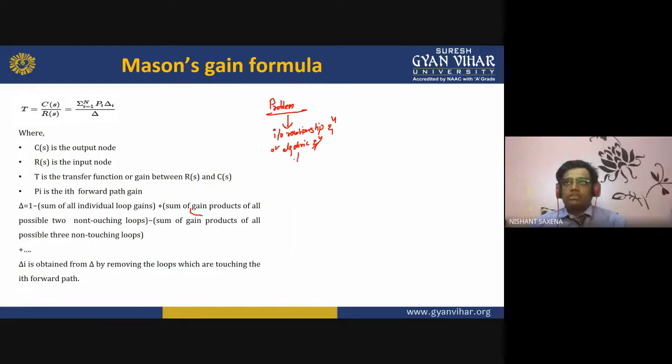From those algebraic equations, we have created one signal flow graph, or if it is already given in the block diagram, then we have converted the block diagram into the signal flow graph.